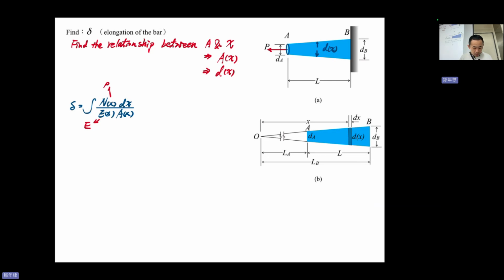So we can use a similar triangle to find the dx and x relationship.